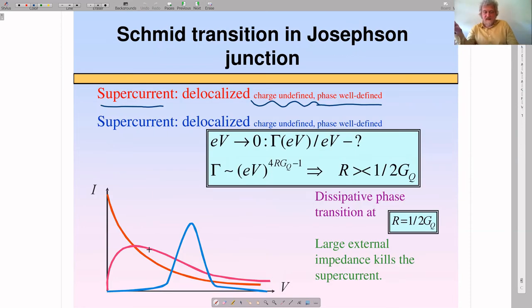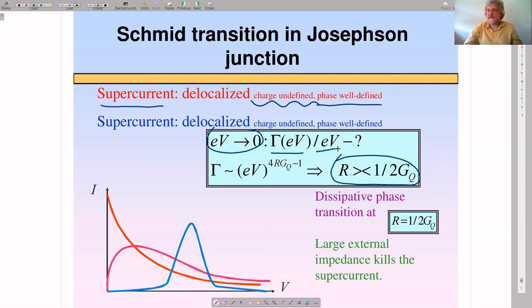This transition will happen at the value associated with the Schmid transition. In order to look at it, one has to rewrite this, implement this ratio between rate and energy.